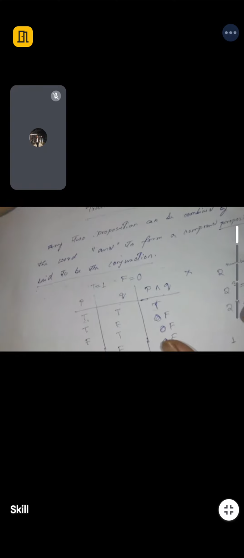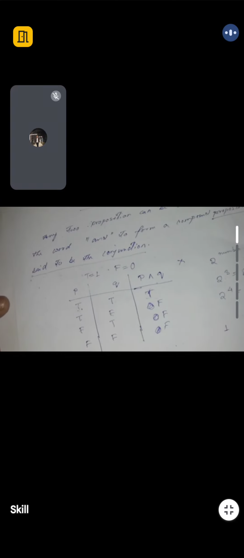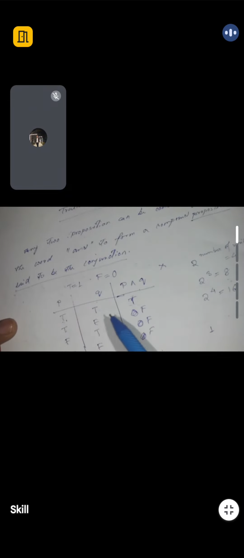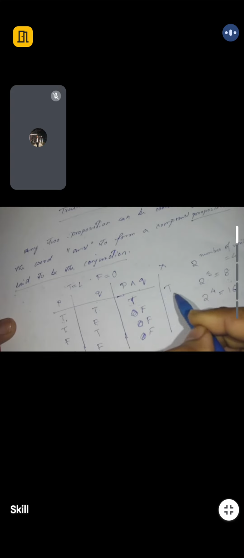If a statement does not agree with the statement contradiction, yes, it's correct, but I will explain here mathematically. Tautology means if in the right column, this third column, all the values of the result are true, let's say this is true, this is true, this is true, this is true, that is called tautology.